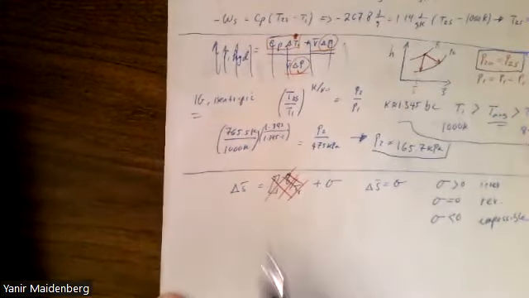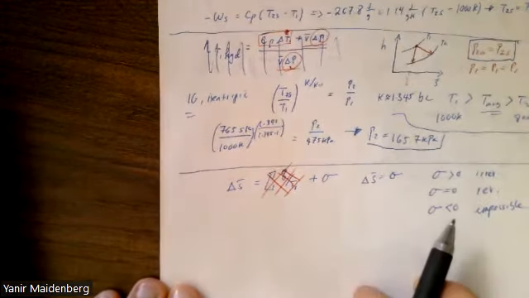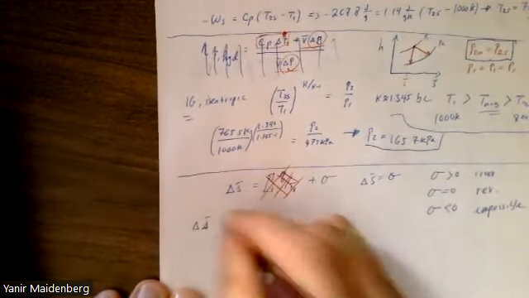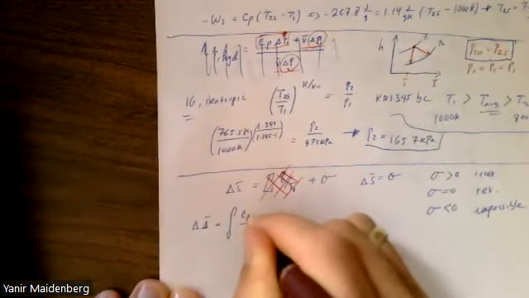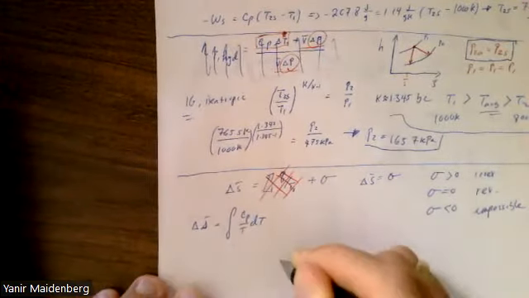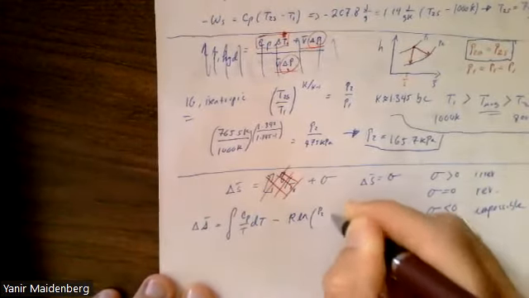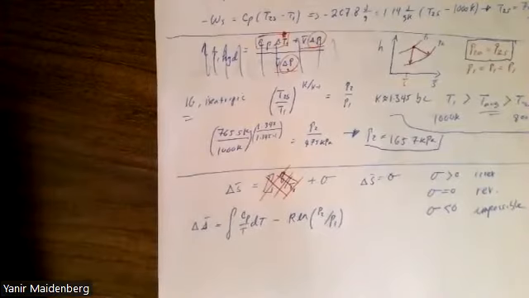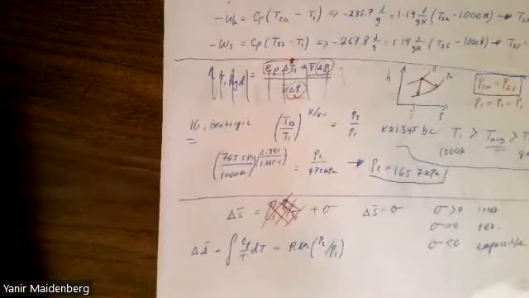All right, delta S for an ideal gas is going to be the integral of Cp over T dT minus R ln of P2 over P1. We've been really assuming Cp is constant throughout. We said that in the first law right here. Cp is constant for the temperature range. So why not do it again?